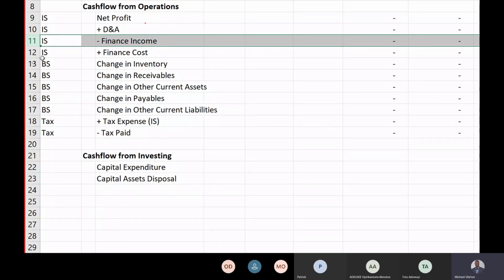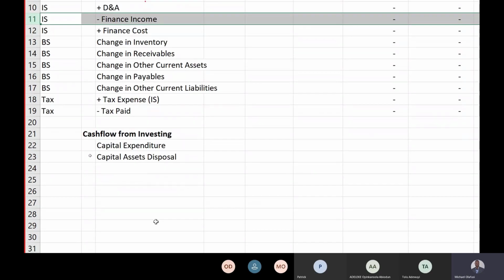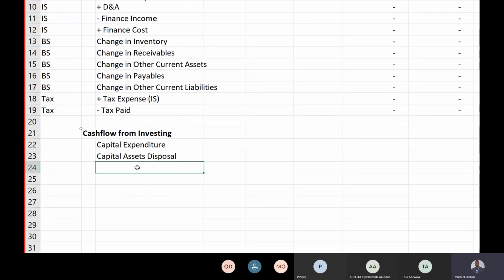So when you have money in, say, treasury bills, in government bonds, in investing in the stock market, in putting your money in some interest-bearing long-term investment account, you find that that finance income is best reflected in this cash flow from investing.